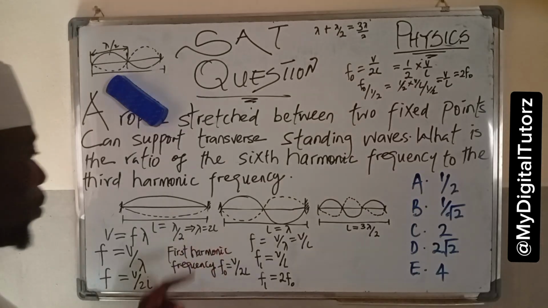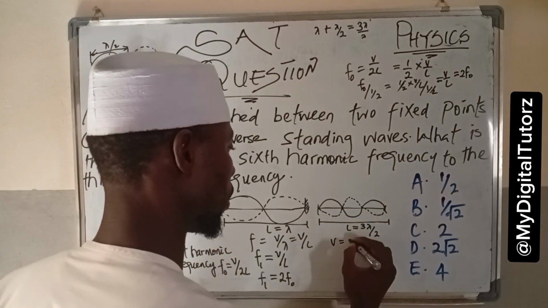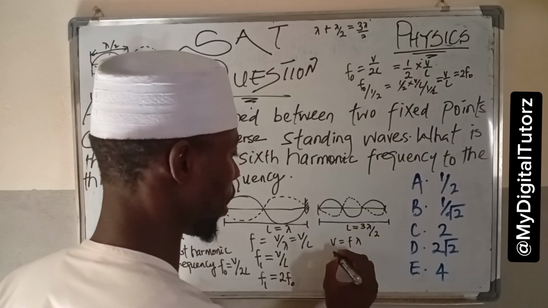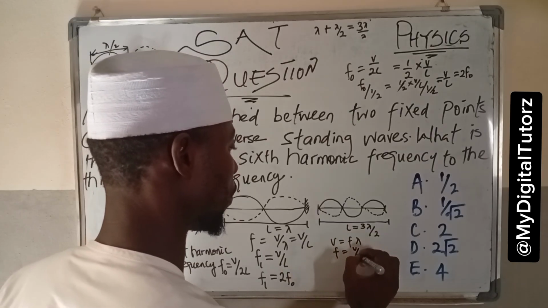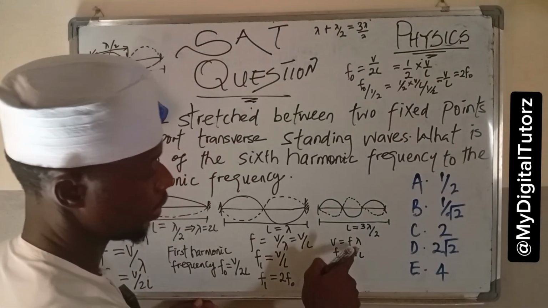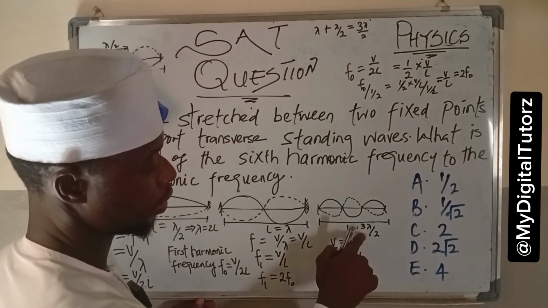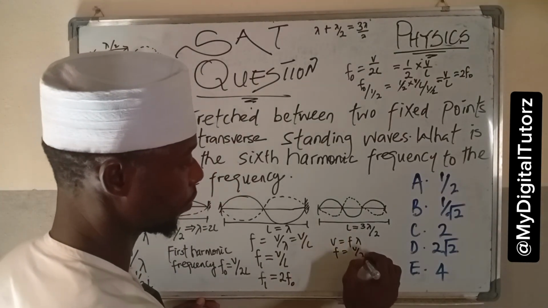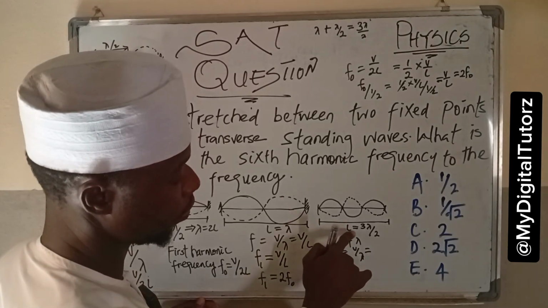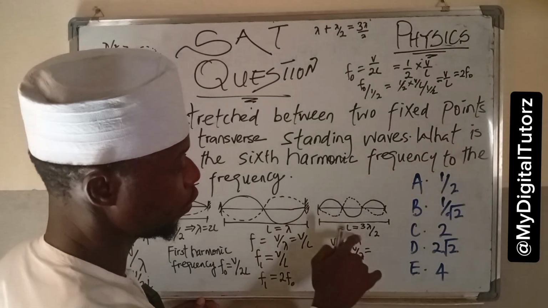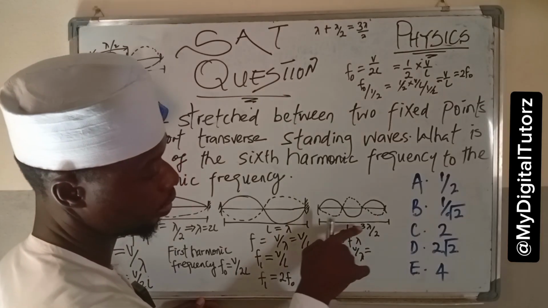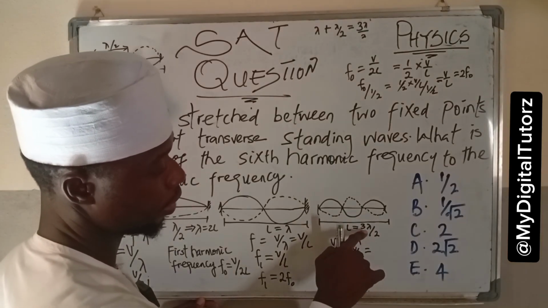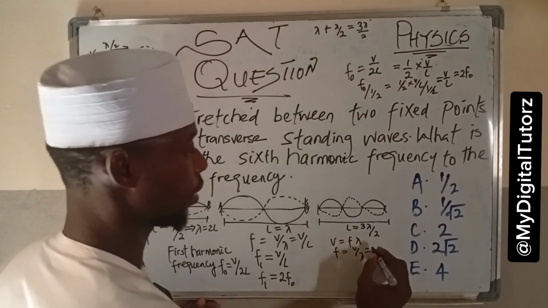So if we use the same formula, V equal to F lambda, we end up having our F equal to V over lambda. When you make lambda the subject of the formula, from L equal to 3 lambda over 2, it's going to be 2L over 3.